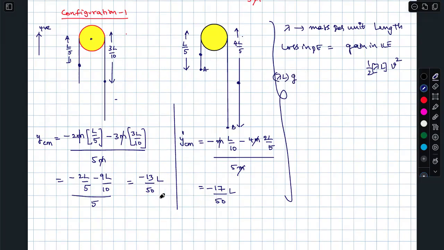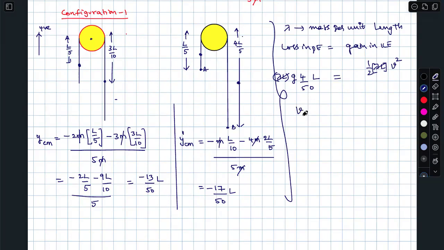The displacement is 13 by 50 and 17 by 50, the difference is 4 by 50 L, which can be written as 2 by 25 L. Lambda L cancels.